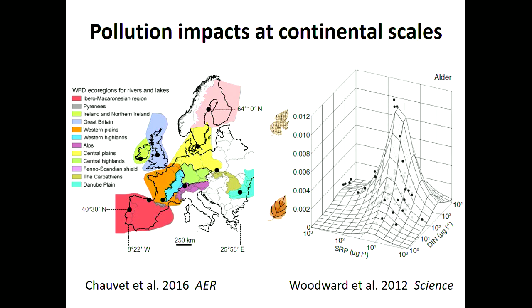And they found this interesting pattern where you have this hump-shaped response along nutrient gradients of phosphorus and dissolved inorganic nitrogen, that you get this sort of optimum of nutrient enrichment that basically gives you the fastest ecosystem processing rates.